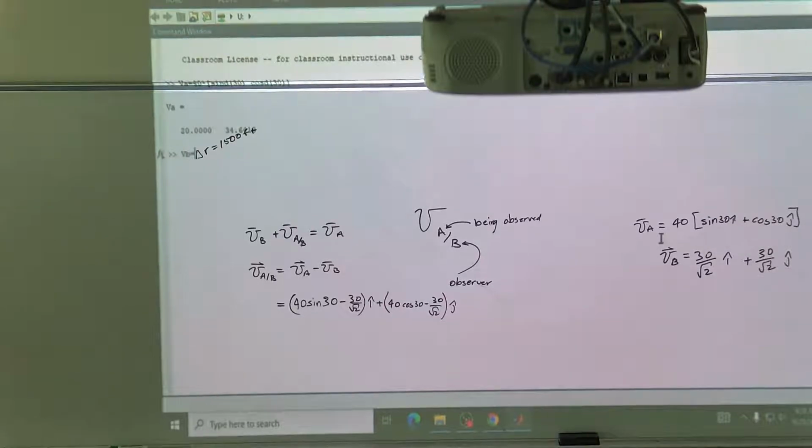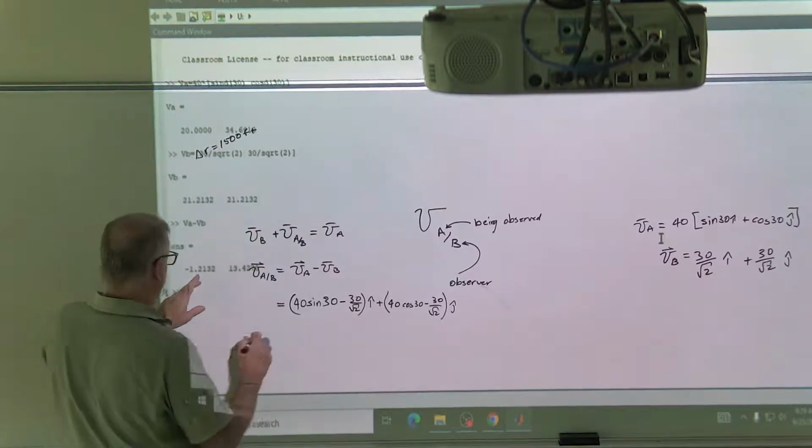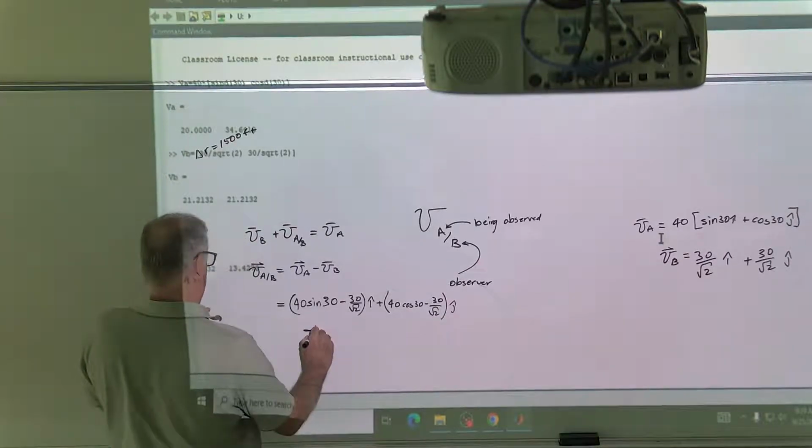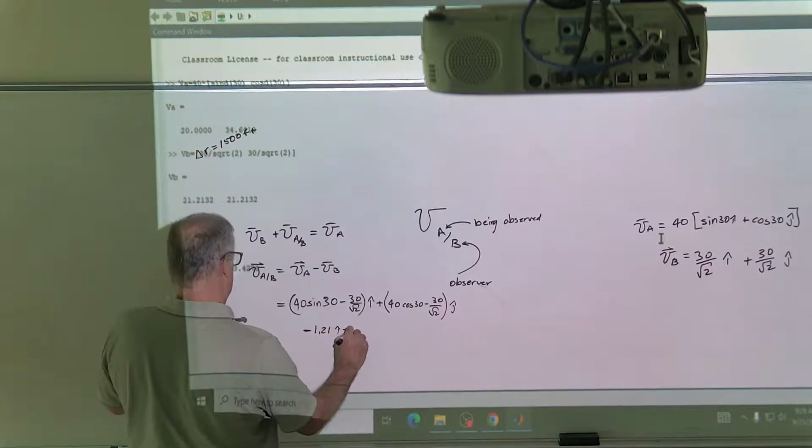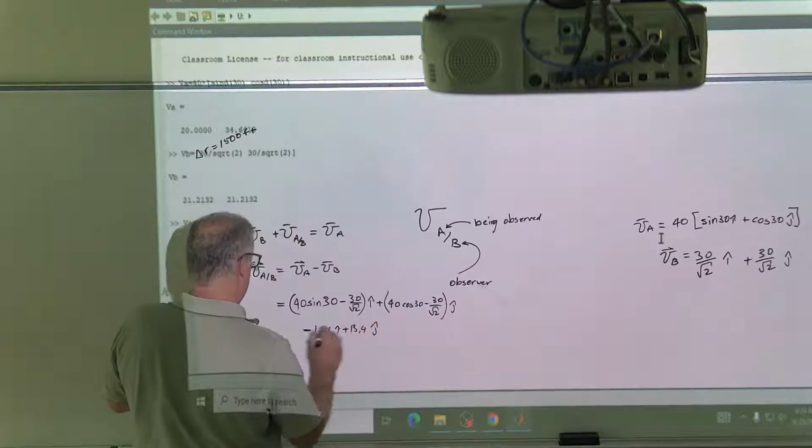Velocity of B is just 30 over square root of 2, right? 30 divided by square root of 2. And I forgot to put my bracket. And 30 divided by square root of 2. And I got that. So then I want to take VA minus VB. And I get this, which, oh, that's interesting. So minus 1.21 I plus 13.4 J.